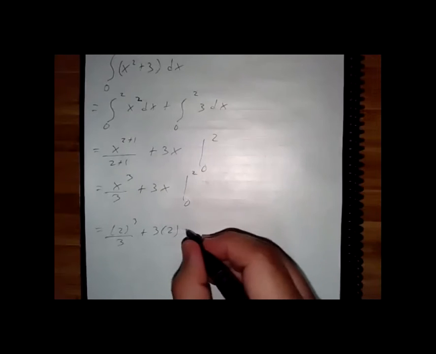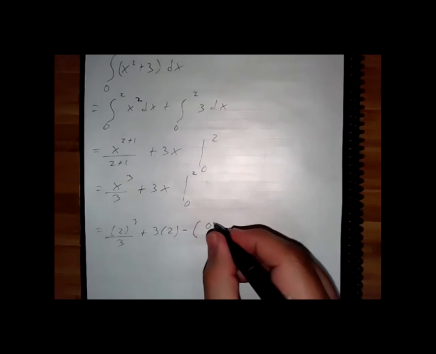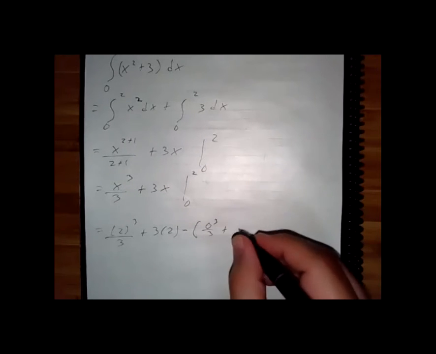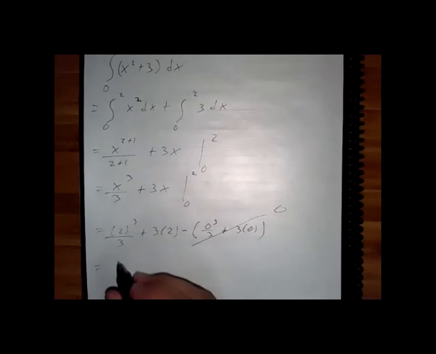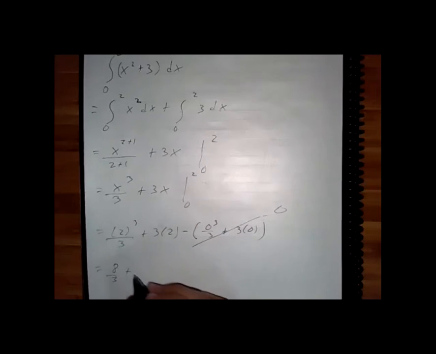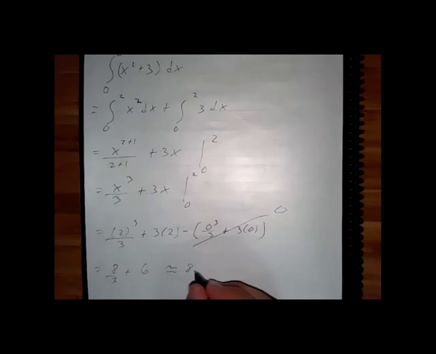And then minus, plug in the lower bound, it'll be 0 plus 0, which will be 0, right? So the final answer should be 8/3 plus 6, which is about 8.7, I think. Yeah, that's right.